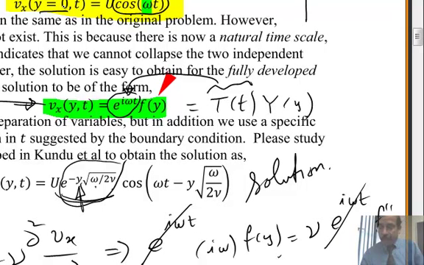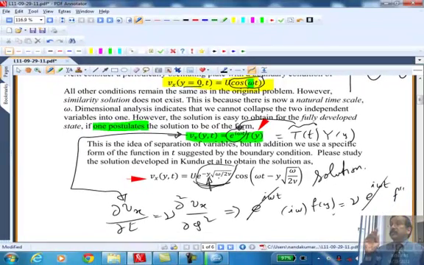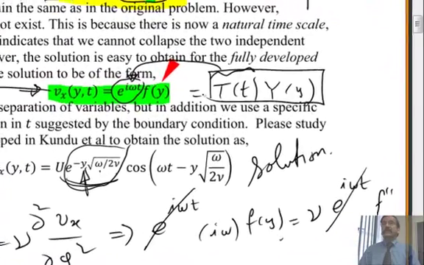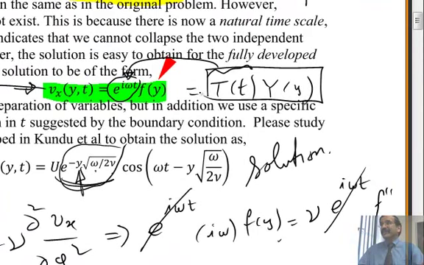But that's the source of inspiration for me to suggest that the separation of variables solution that I'm proposing is going to have not only this form, a function of time times a function of y, but the function of time must be a combination of sines and cosines. That's why I propose e to the power i omega t.